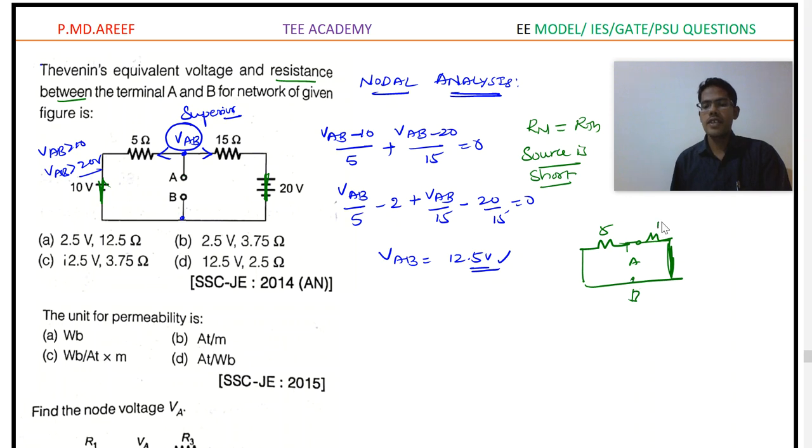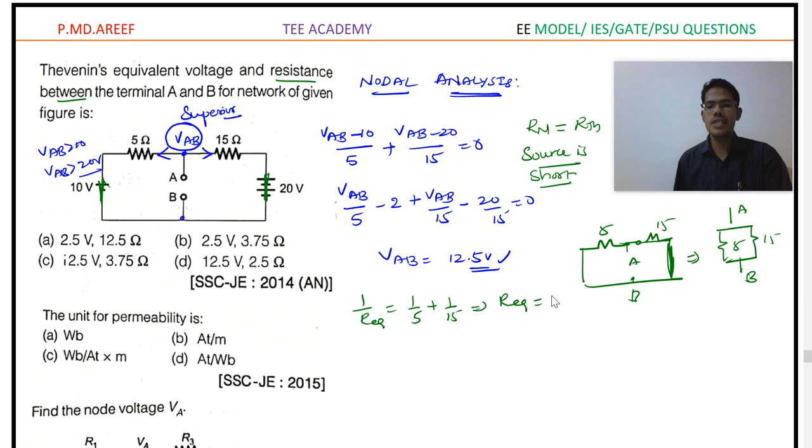If you redraw the circuit between the points A and B, this is going to be 5 and this is going to be 15. Now these two are in parallel. We know, we have done some portions already. When two resistors are in parallel, 1 by R equivalent is equal to 1 by 5 plus 1 by 15. If you solve this, you get the answer as 2.5 ohms here.